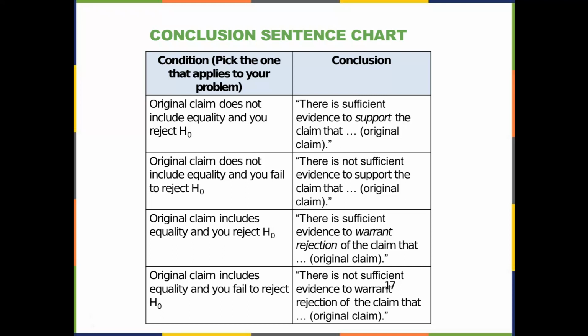So this tells you the condition and how you're going to state your conclusion, because like I said on the previous slide, how you state things is really important when it comes to hypothesis testing, because again, we can't prove anything, we can't accept anything, we're either rejecting or failing to reject. And so we can either support or not warrant support. So the way we state things is important. So you can use this to refer to figure out how to state things.